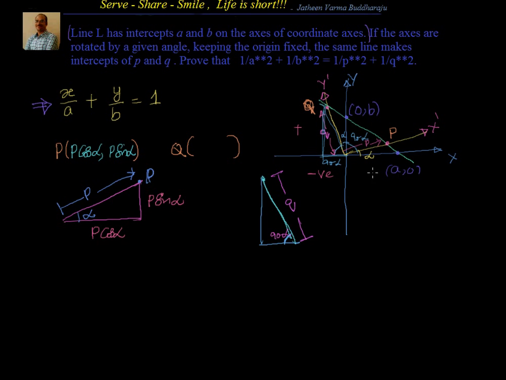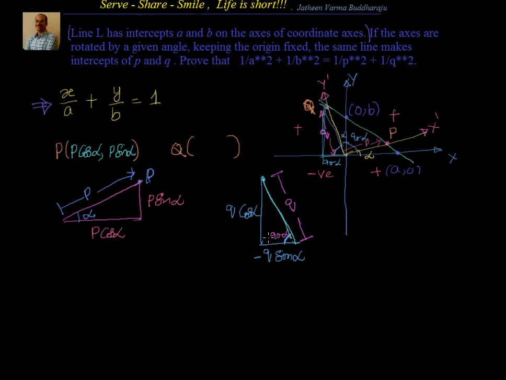Okay. So what will be the coordinates now? If you see, this coordinate will become minus q sin alpha and this will become q cos alpha. Can you tell me how? Because sin of 90 minus alpha equal to this value divided by q, and sin of 90 minus alpha is cos alpha.